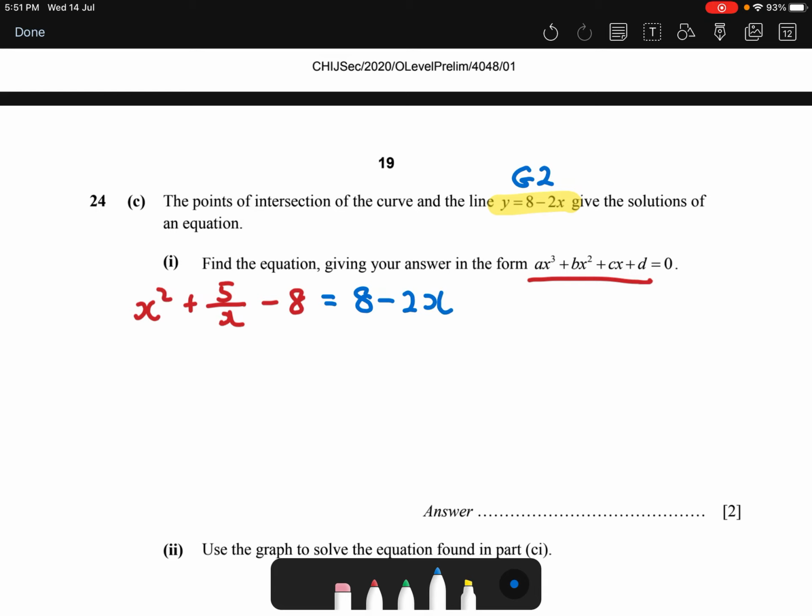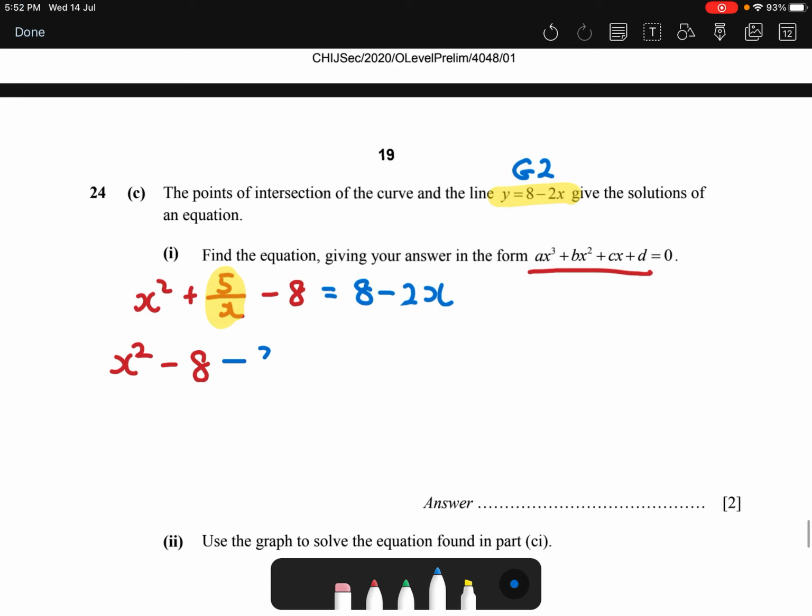Of course, because we are dealing with a fraction right here, I try to get rid of the fraction. So you move the fraction to the right hand side and you move everything that is non-fraction to the left hand side. So x squared minus 8 plus 2x equal to minus 5 over x.